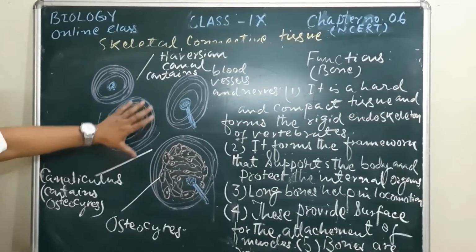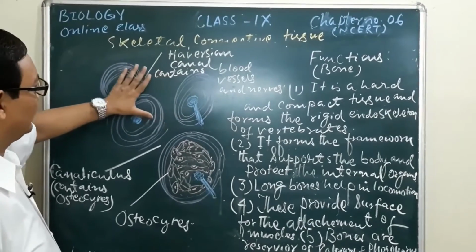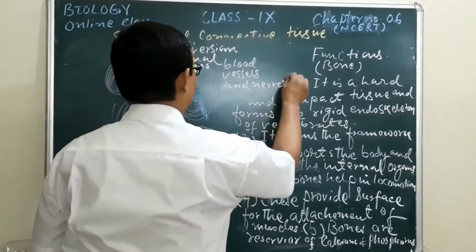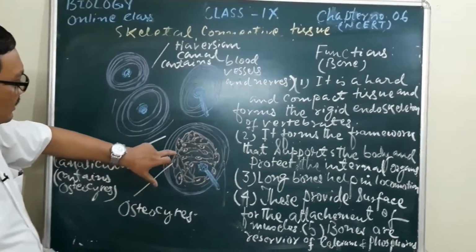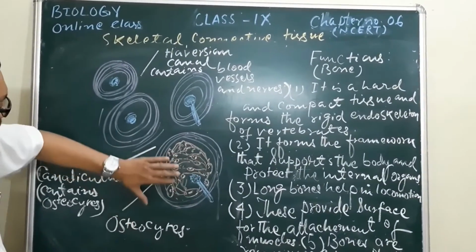And here in this diagram, the Haversian canal containing blood vessels and nerves is shown, and here in this diagram, the finer canal system and the osteocytes.